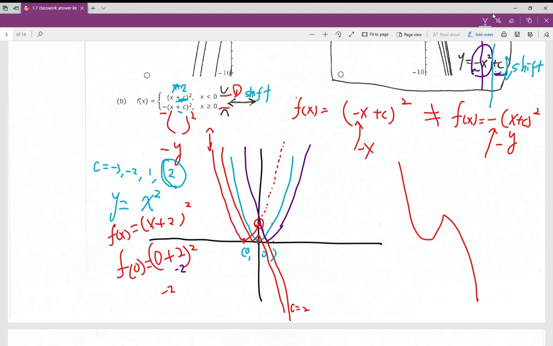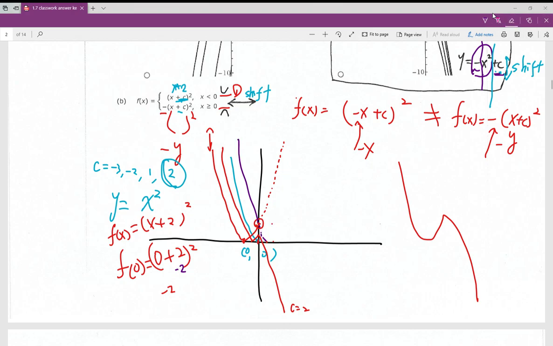When you have this one, we have this. Okay, one more time. Here, negative 2 shift.